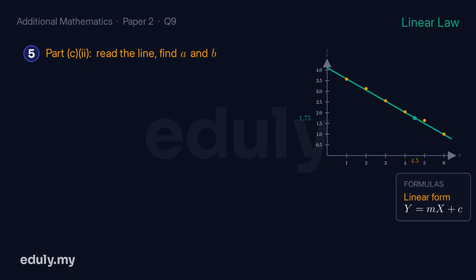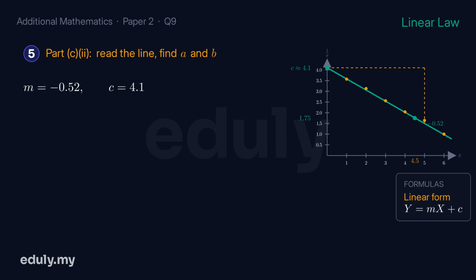Step 5. Read the gradient and intercept straight off the line. Where the line crosses the upright axis, the intercept is about 4.1. And the gradient, how steeply the line falls, is about minus 0.52.